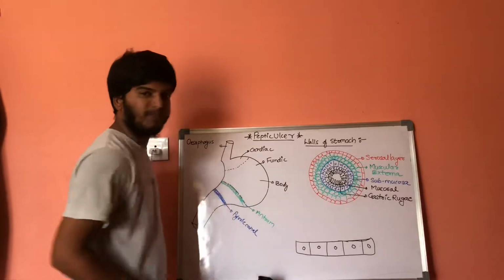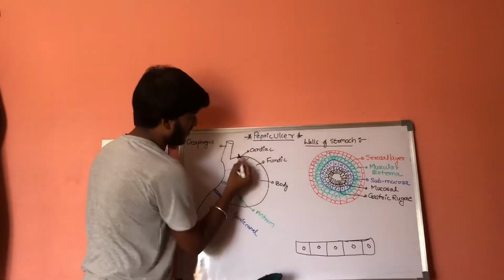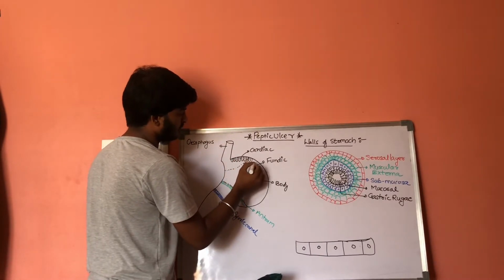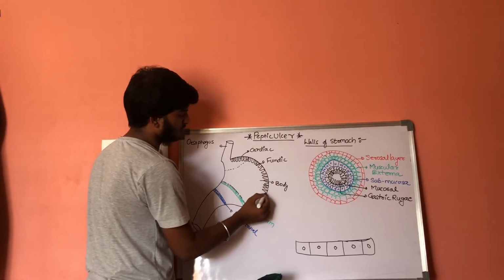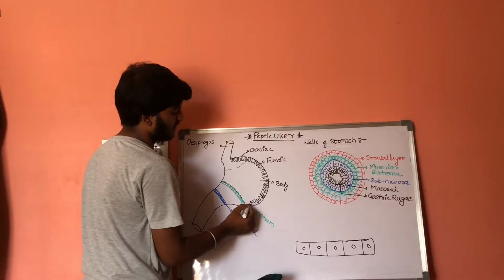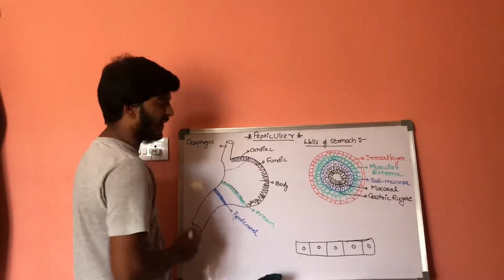On the surface of the mucosal layer, it consists of rugae. Here these are the rugae, like this. These are present only up to the body of the stomach. These are not present in the pyloric stomach.